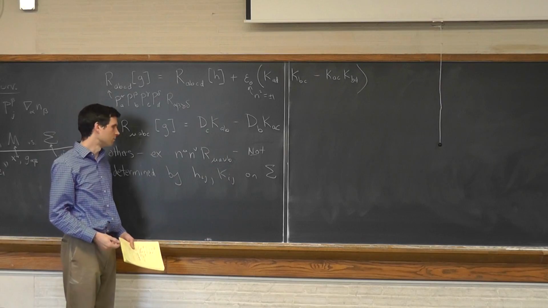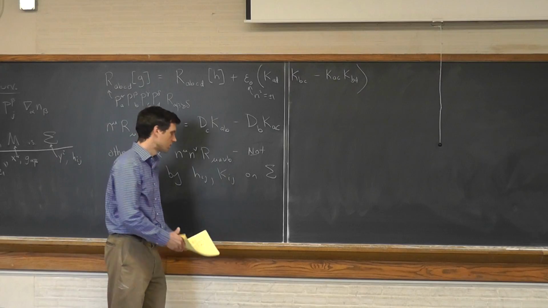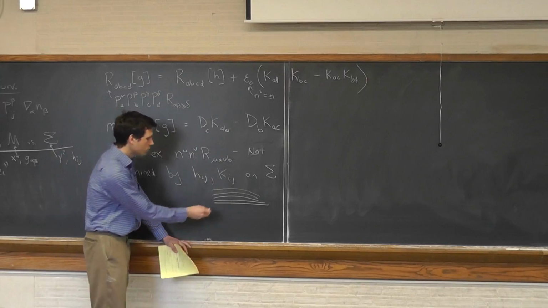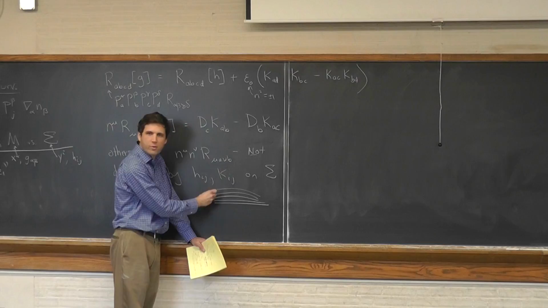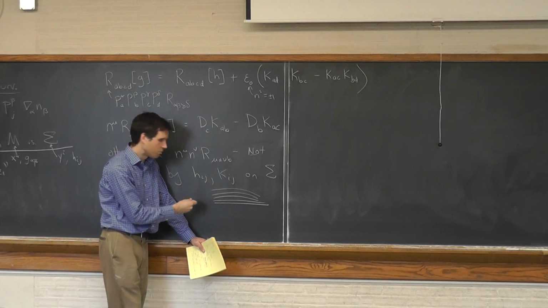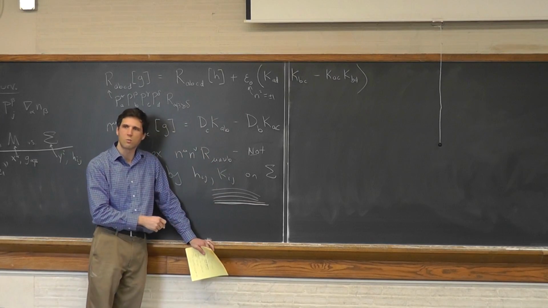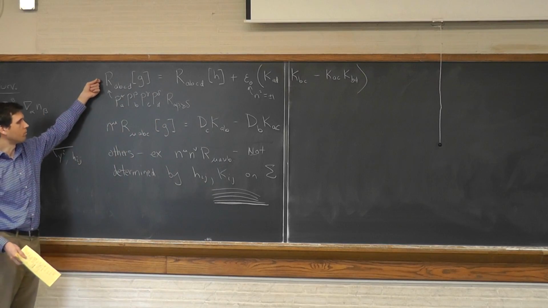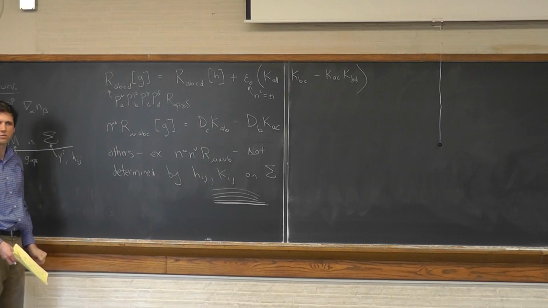It's data about the spacetime. If you had a whole family of hypersurfaces like this, and you knew h and K on all of them, you could put that information back together and reconstruct the entire manifold, including the Riemann. But if you just know h and K on one hypersurface, you can only determine the all-tangent and mostly tangent pieces of the curvature.